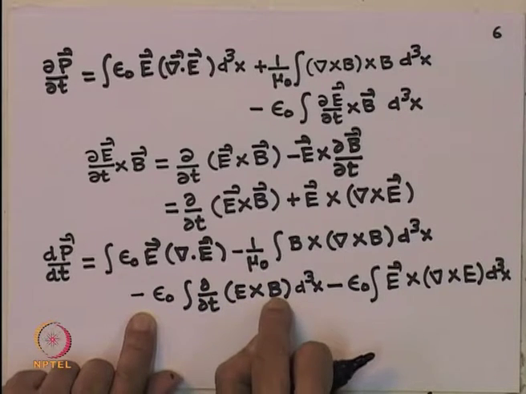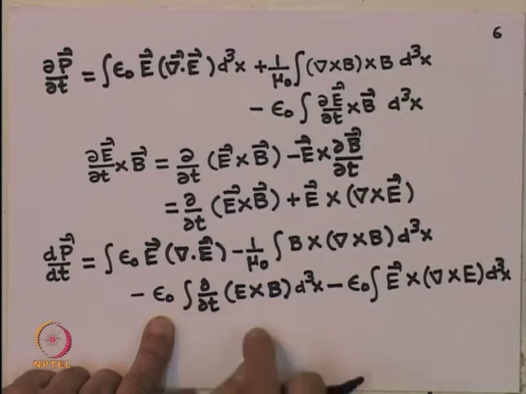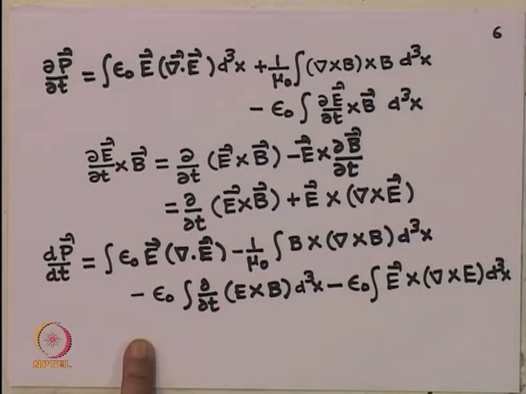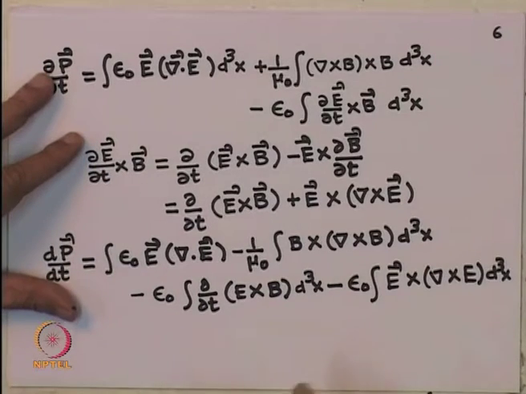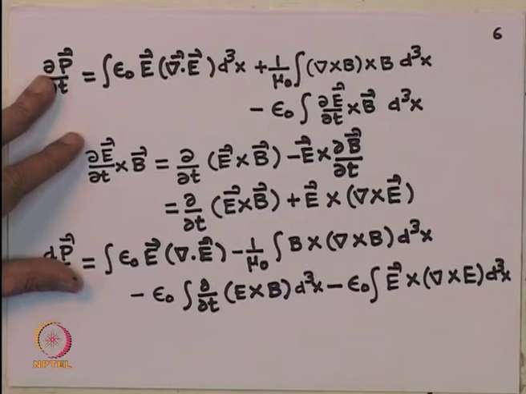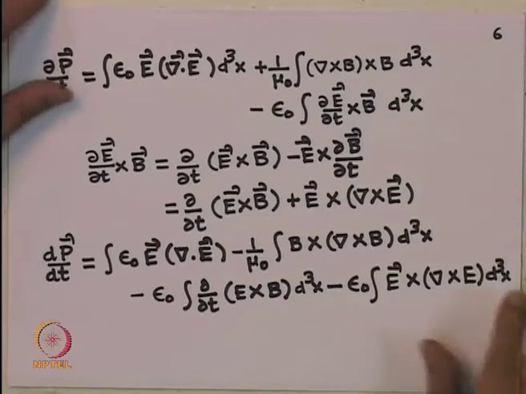I have an E cross B here, what I need is E cross H. So, there is a mu 0 that will come out. So, mu 0 into epsilon 0 will give me 1 over c square. So, this term will go to the other side, but what we are looking for are the remaining terms. So, let us look at these remaining terms and what they are.